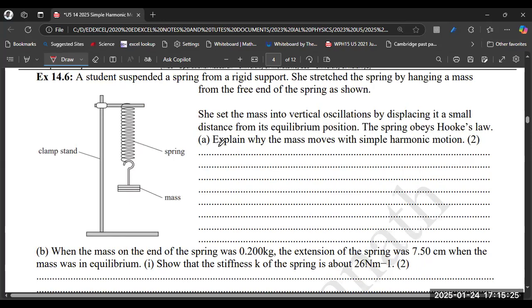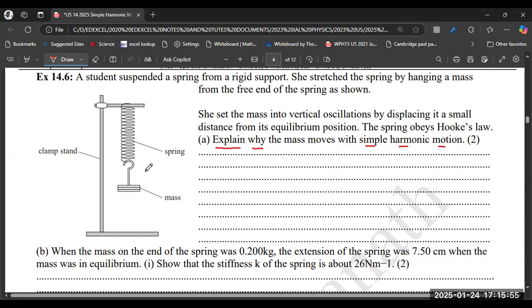This question is different. All the other questions, they stated state. This question, they are telling explain. Why not the definition? Why the mass moves? Why the mass moves with simple harmonic motion?